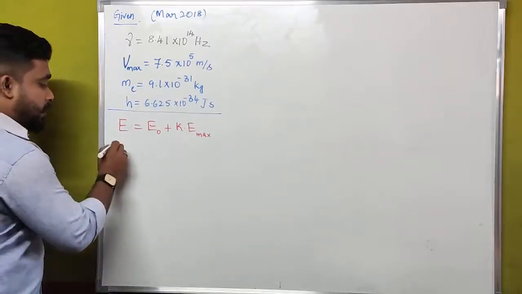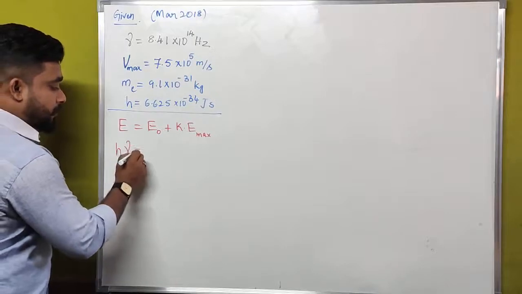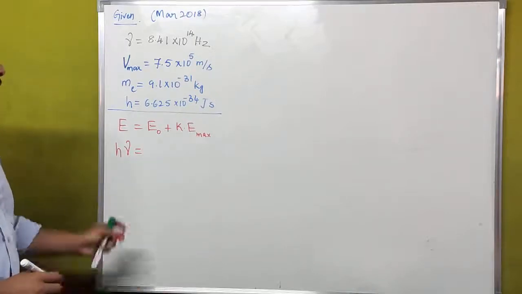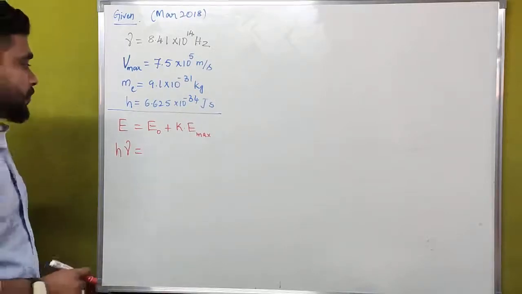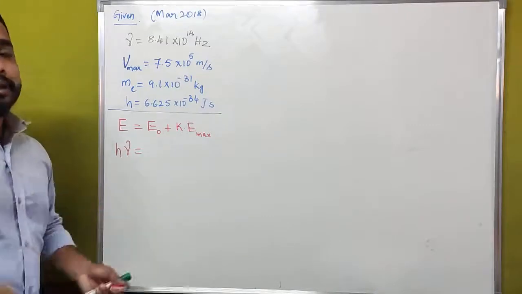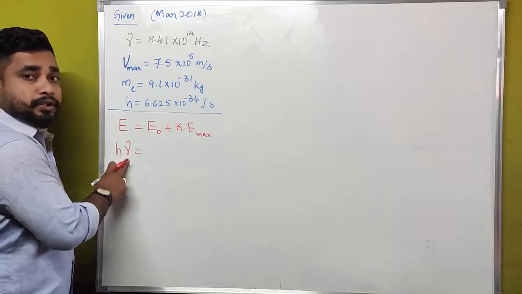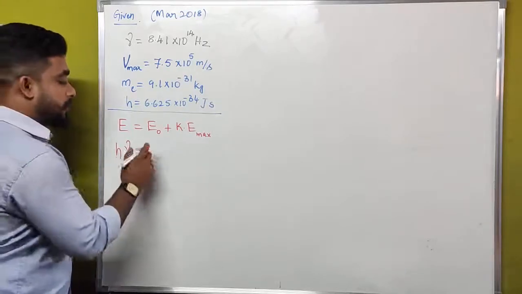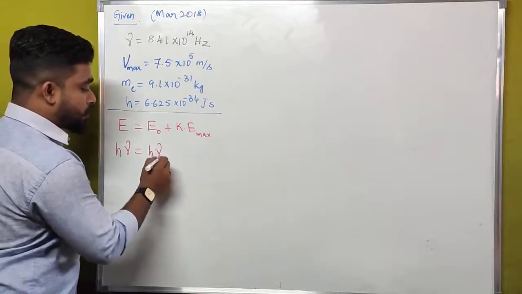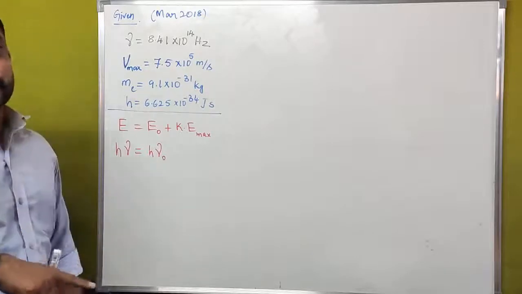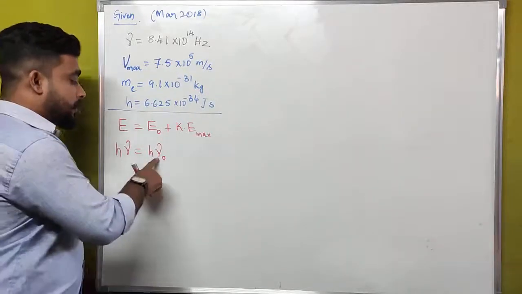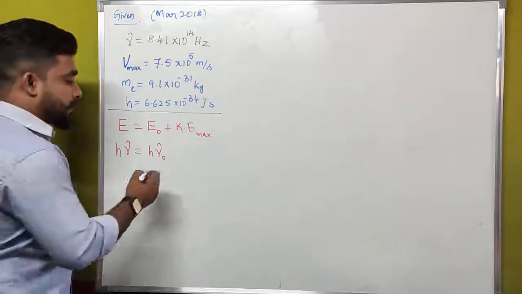Here, the incident energy is h nu, where nu is the frequency, and E naught is h nu naught, where nu naught is our threshold frequency, which we don't know.